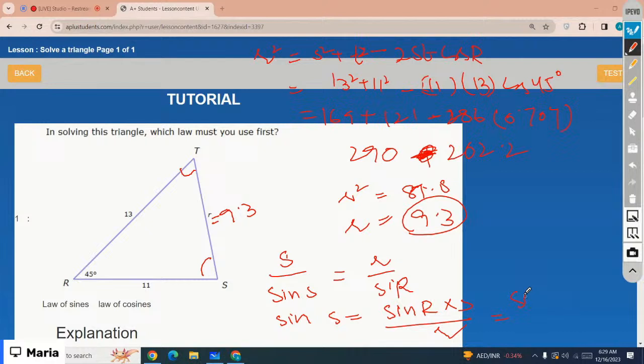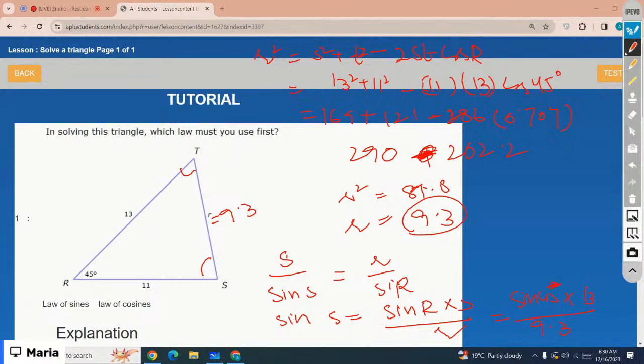So sine r, sine 45 times s is 13 divided by r is 9.3. Just evaluate the value, right?